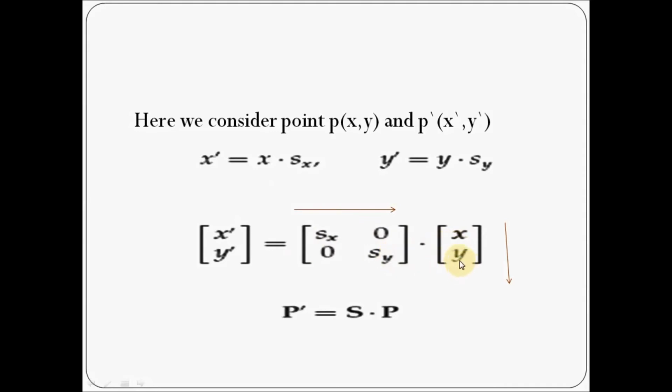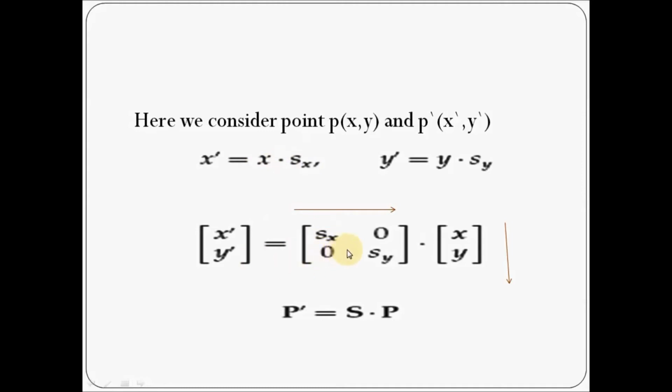I told you, right? You have to multiply. Here, see the arrow marks. I have to multiply here. x dash is equal to x into sx, obviously x into sx will come.